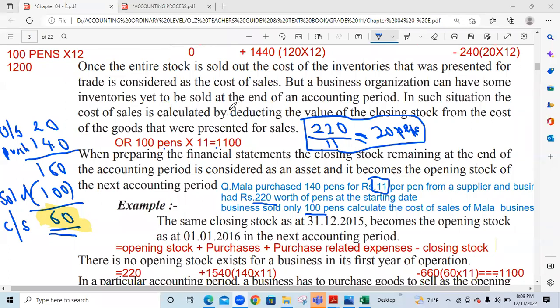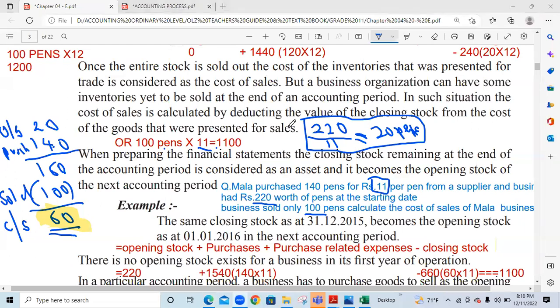Yes, Hamna, but you won't be tested on that easy method. That's why I'm telling y'all. Why am I doing the difficult method at first and then the easy one? Because you won't be tested with the easy method, where you just take 100 pens and multiply by the cost of the pen. You have to do this method: opening stock plus purchase related, minus closing stock, to get your cost of sales.